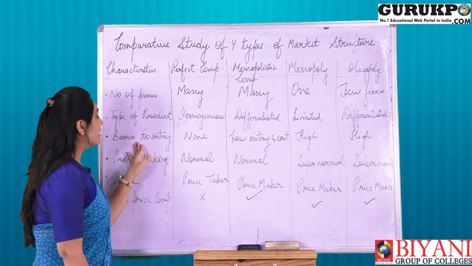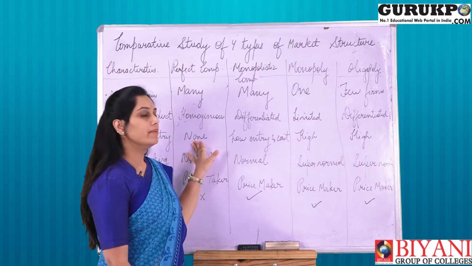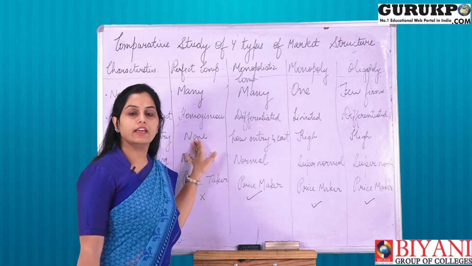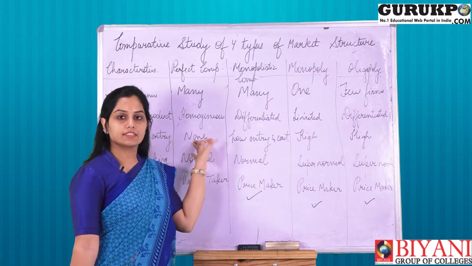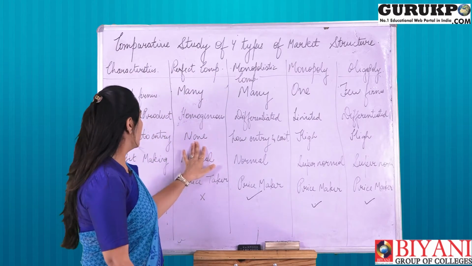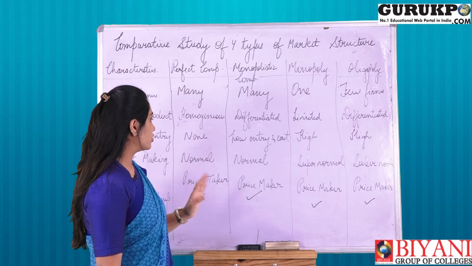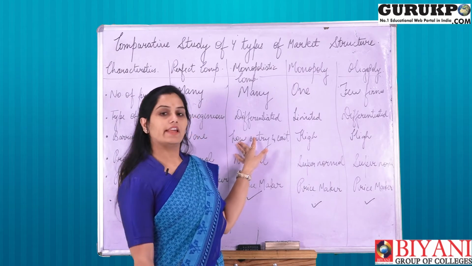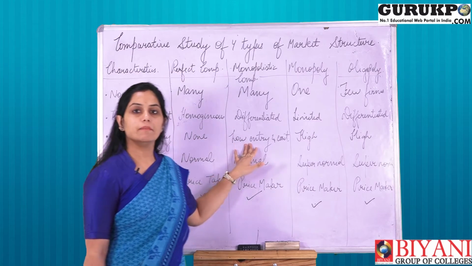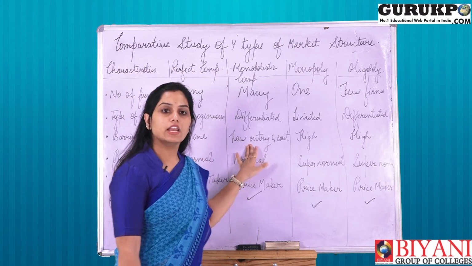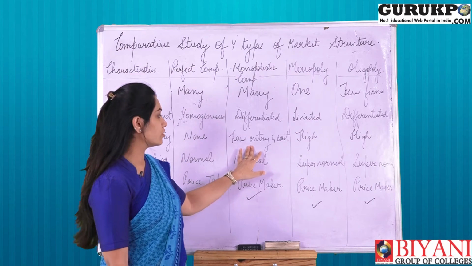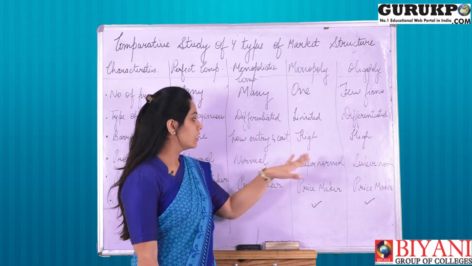The next is barriers to entry. In perfect competition, any firm can enter and any firm of the industry can exit very easily. So there are no barriers to entry or exit in perfect competition. There are low entry and exit barriers in monopolistic competition, with very limited legal processing. Any firm can enter an industry and exit from it if it is suffering from losses.